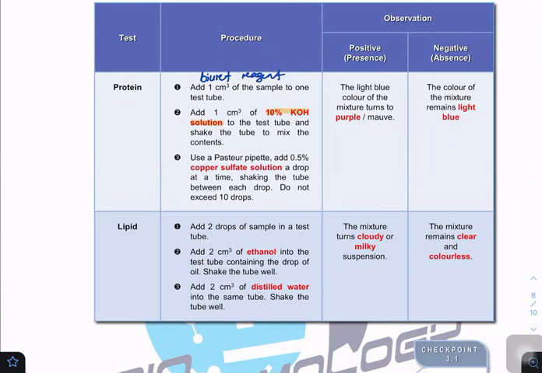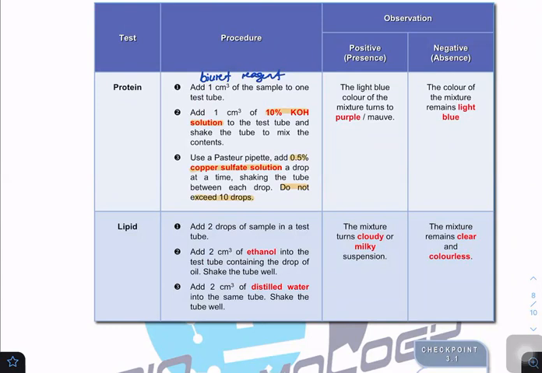Then you use a Pasteur pipette to add the 0.5% copper sulfate solution, which is a very, very light blue color. You add it drop by drop, but do not exceed 10 drops, because more than 10 drops may give a false result.